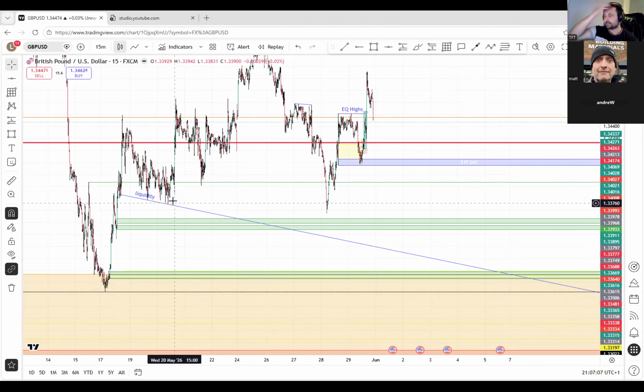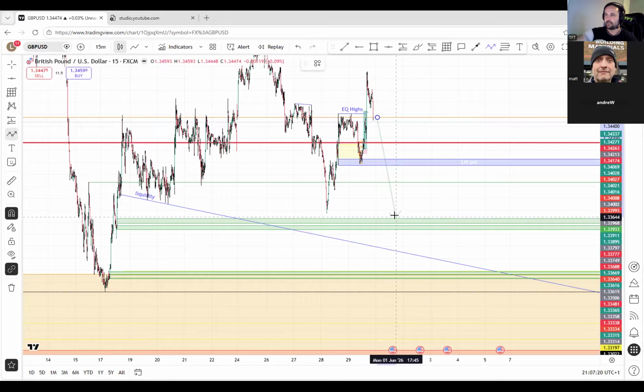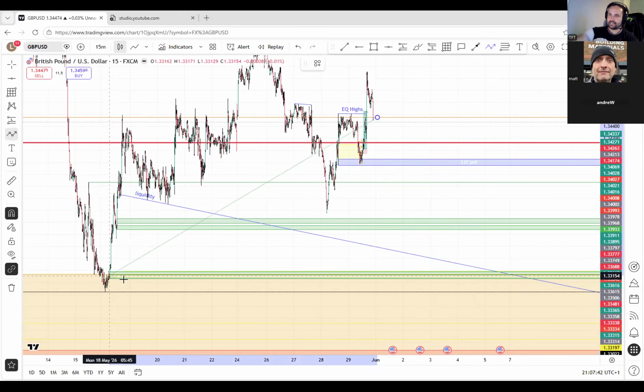Now, this is what I mean when I say we use liquidity to try and tell us where the market's going. So if, say, market opens in an hour and it starts flying down on this trajectory, if it reaches this sort of area before Thursday, could do it Thursday, Friday morning, if it gets down here by near these entries by Friday morning, it's gone.